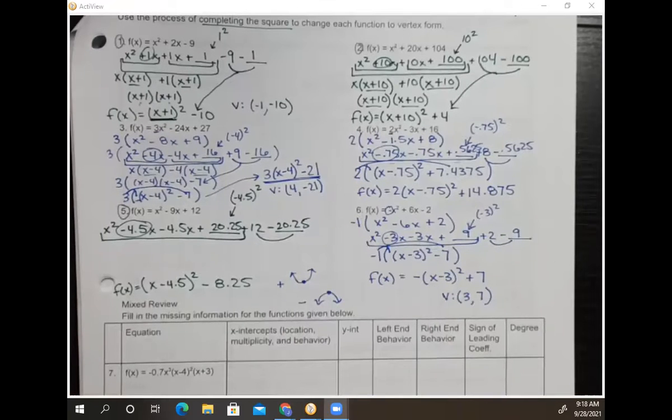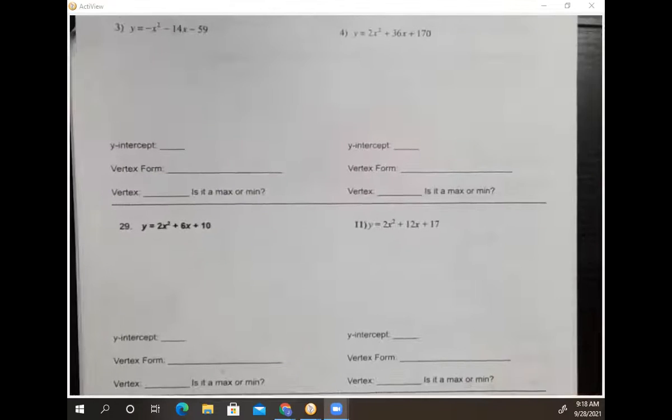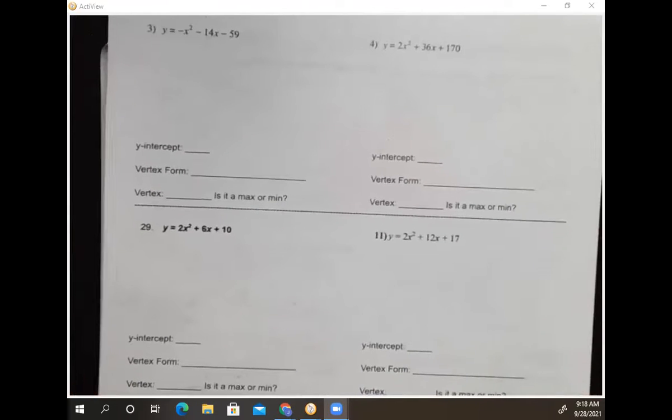Okay, so here's what we're going to do next. I want you to work on the back side of the paper you got yesterday. So these are all going to be problems where you have a lead coefficient you need to factor out to start. Okay, you're working on those backside problems. And then the last few minutes of class, we're going to do a quick check over completing the square. Okay, this process that we worked on yesterday and today. So please ask questions as you're working.